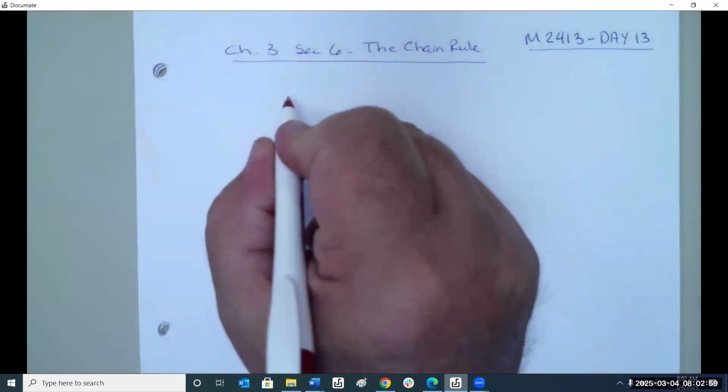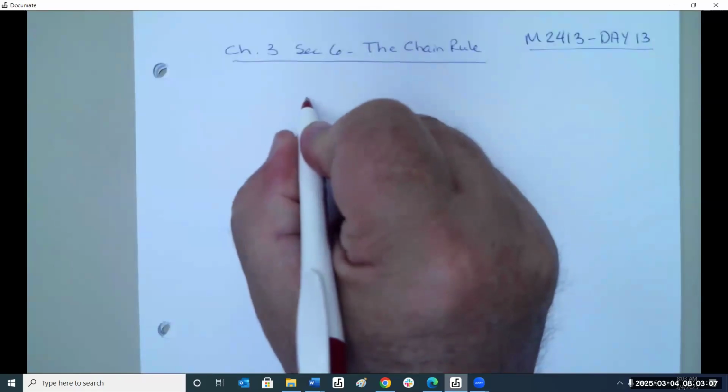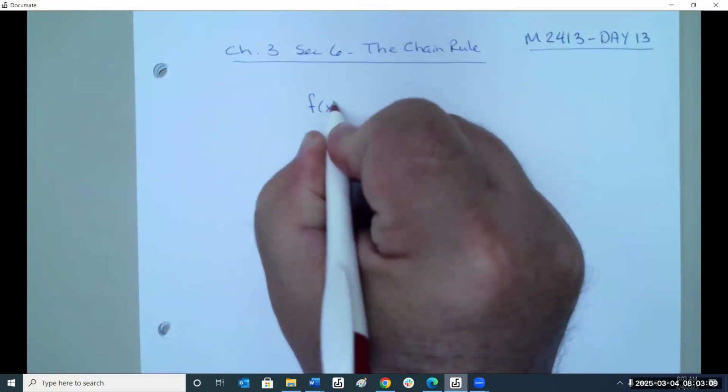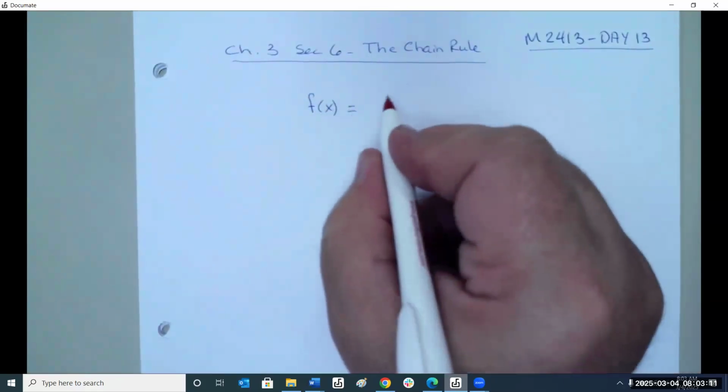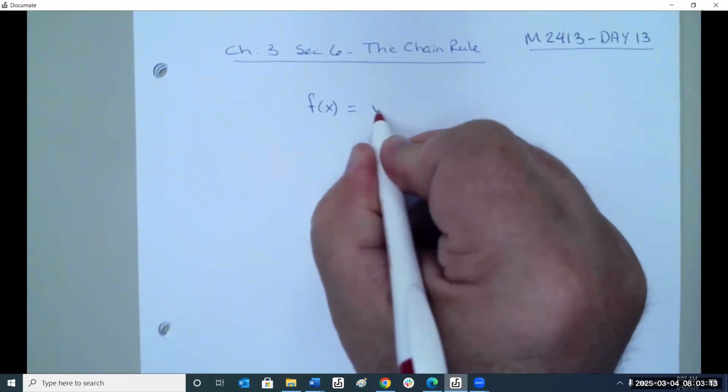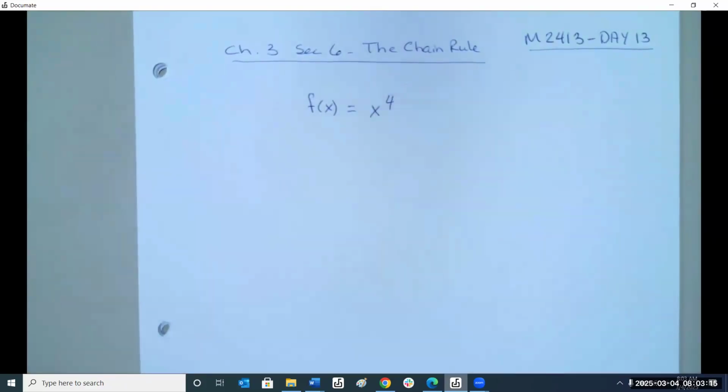All right, now we're going to talk about something called the chain rule. Because up until now, we've been talking about functions that are differentiable, like that. That's easily differentiable.